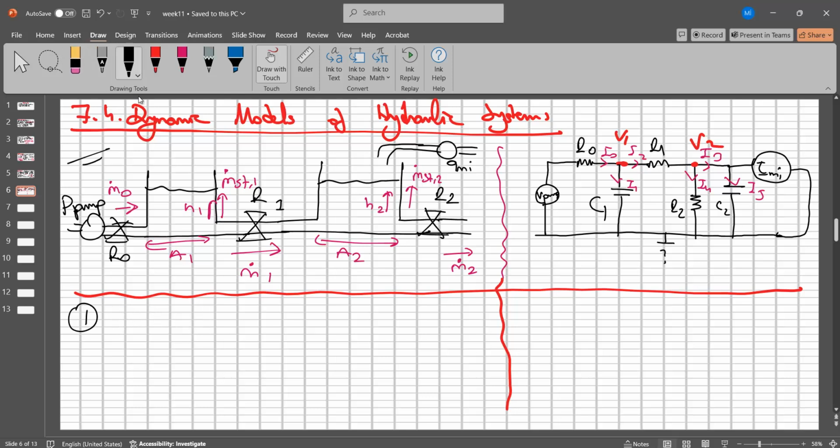We should write the whole fluid rates, mass flow rates in this case. How can we write it? Just see, this is the fluid value.